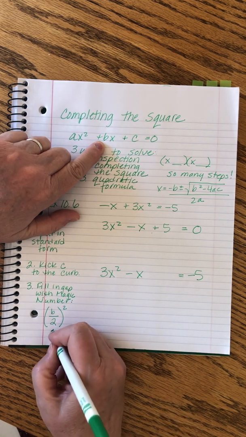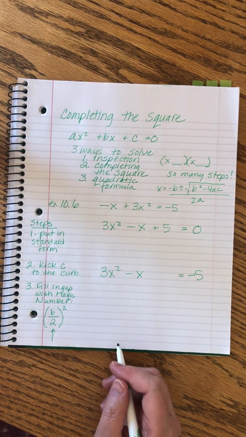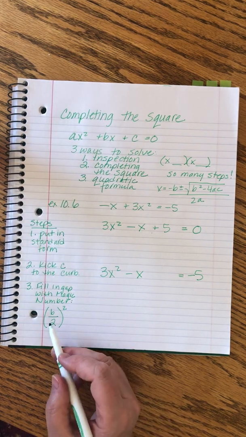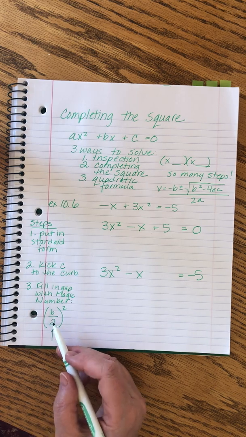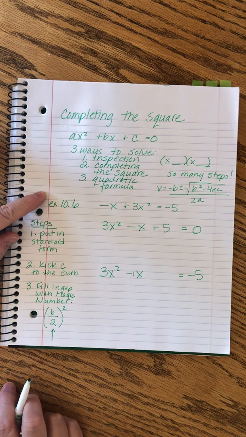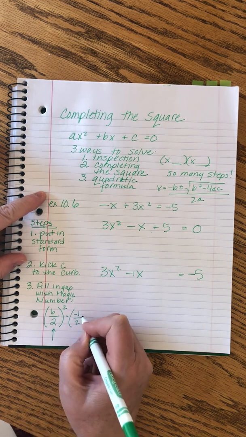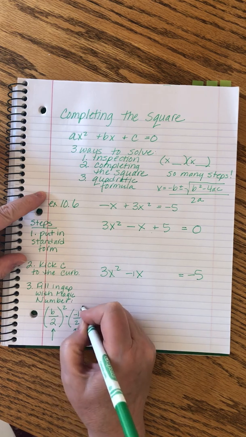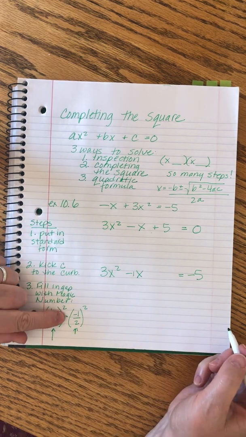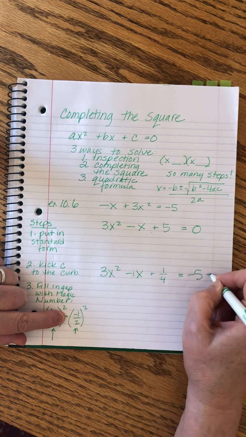We also draw an arrow right there because we're gonna need that number inside the parentheses for something later on. So I draw the arrow to remind myself, oh yeah, that's helpful. In this case, our b value is a -1, right? So in this case, it's -1/2 squared. That's 1/4. Now we have to add it to both sides though, don't we?